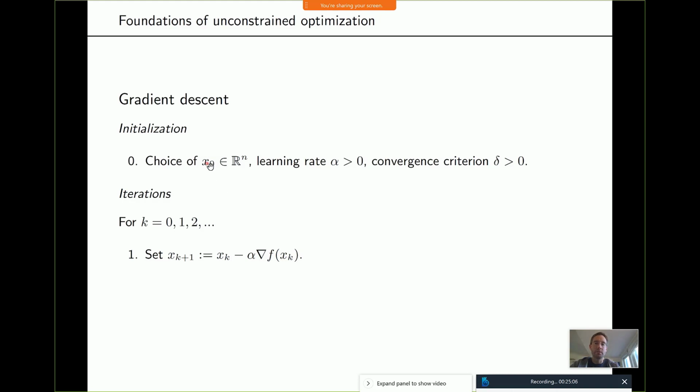For example, if this is a two-dimensional vector, something like 3, 1, then you would start here with 3, 1, and then you would subtract from it alpha times this two-dimensional gradient vector, which you evaluated at xk. Yeah? And then, just a second, let me just finish this, and then we do questions.